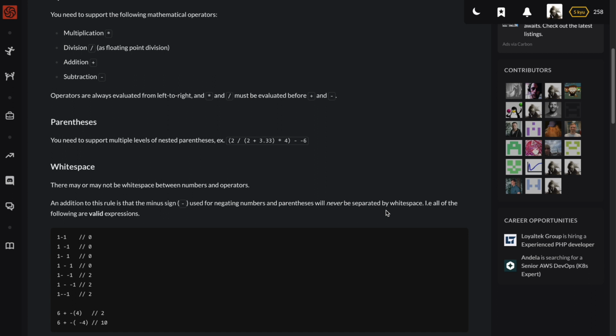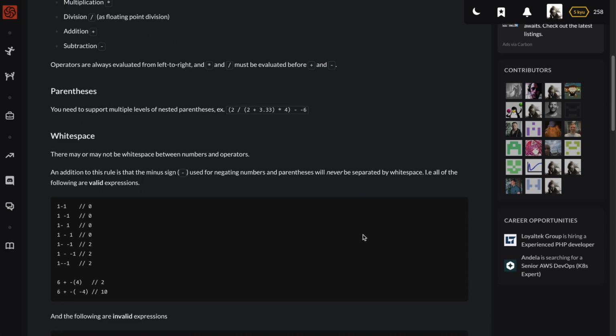When we have two minus signs, we have to be able to evaluate that correctly, and it really gets interesting when you see the latter two examples, where you have parentheses in between the expression. That can get very tricky and very difficult to implement.